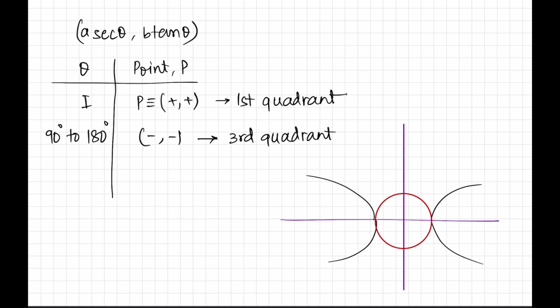Now, if we take the point Q here such that it makes an angle greater than 90 and less than 180 degrees, we draw a tangent at this point Q. This tangent meets the x-axis at point N, and now we draw a perpendicular, and this perpendicular meets the hyperbola at a point P. Now this, my dear students, you can see lies in the third quadrant, and that is how we select the point.